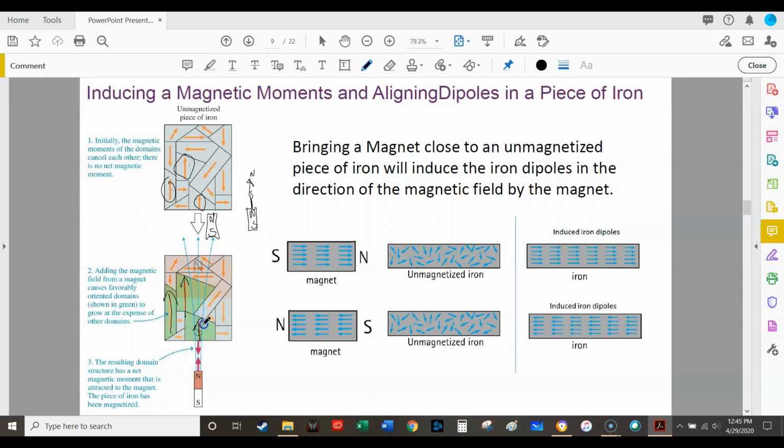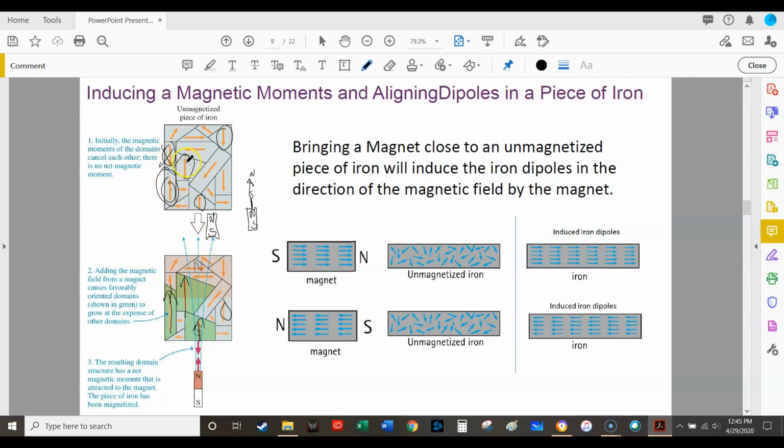But notice this guy and this guy are not aligned in that same direction. This whole piece is going to grow, and it's going to squeeze down this guy and make it smaller.